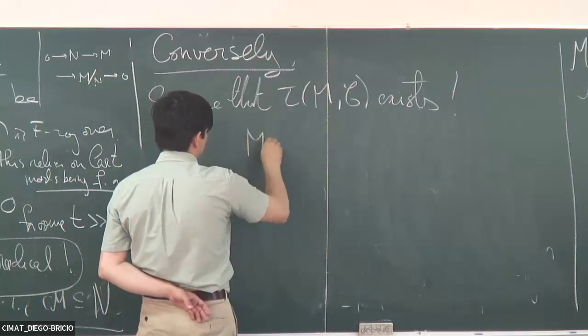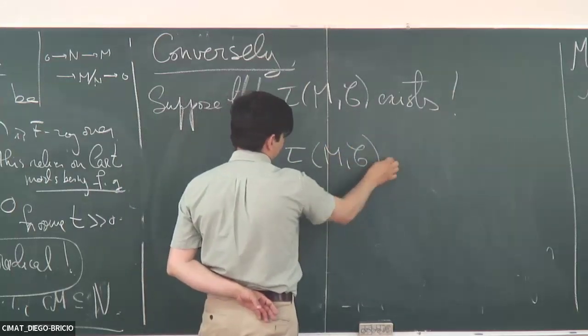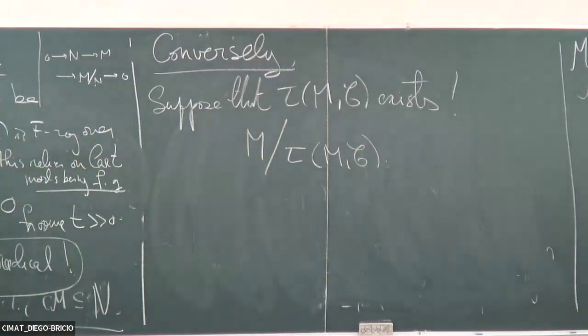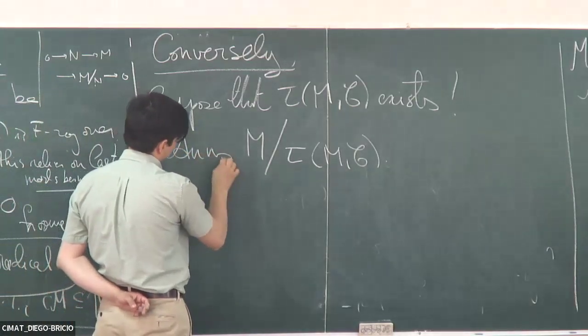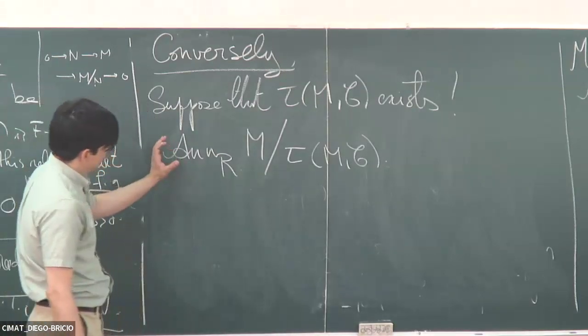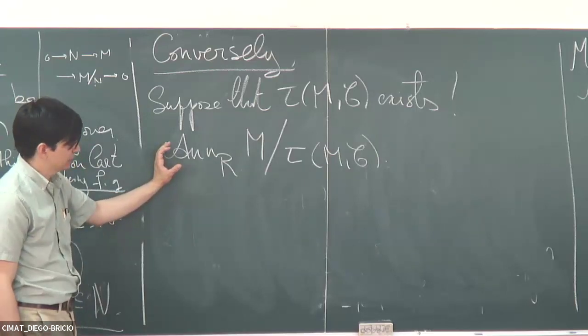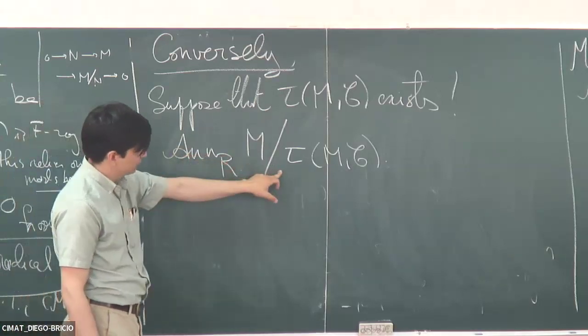Well, let's take M, and then we can take these portions. And then let's take any later. Let's look at all the things killing this. What do we know about it? So the point is that this annihilator cannot be inside every minimal prime, right? Because these two things agree generically.